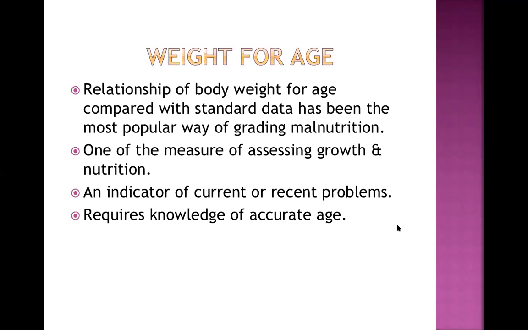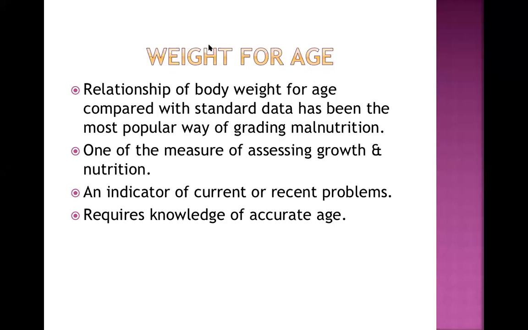I need to check the standard weight for 2 years, and the standard weight of a 2-year-old baby is 12 kg. I will get that from this special chart. Now 8 kg is far less than 12 kg, so I can clearly tell them, no, your baby is not up to the mark. Your baby is malnourished, so you need to focus on proper diet. So this is the meaning of weight for age.